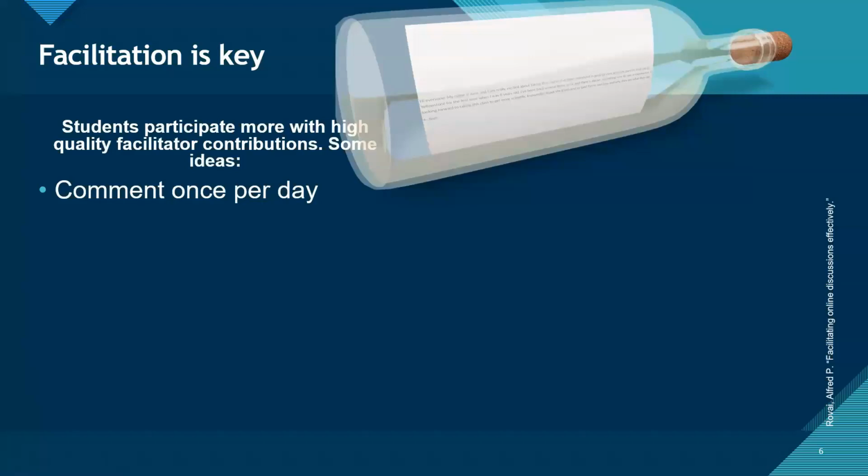But commenting just once per day on a discussion board while it's active is very effective, because students can see that yes, you are looking over what's being written, you are weighing in when necessary, but you want to avoid becoming the focus of the discussion thread. You don't want the students to be posting to you for the most part. You want them to be posting for each other and to each other.